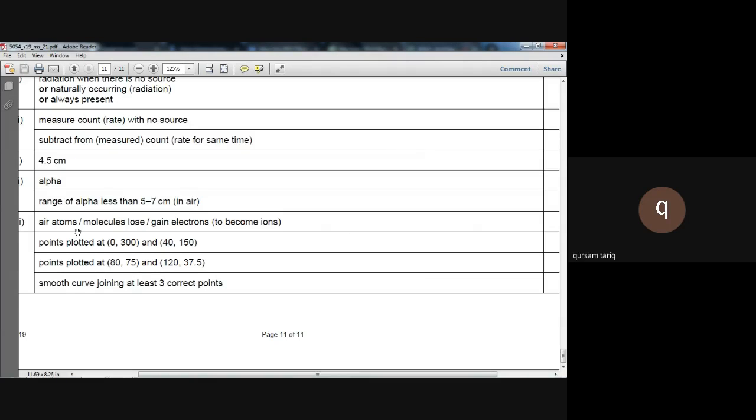Sir, I wrote alpha has penetration power of few centimeters in air, is that right? Yes. And we have a number also. You can mention a number also. Like in the marking scheme, it says the penetration power is less than 5 to 7 centimeter in air. We know this fact, so you can also mention this in your explanation.